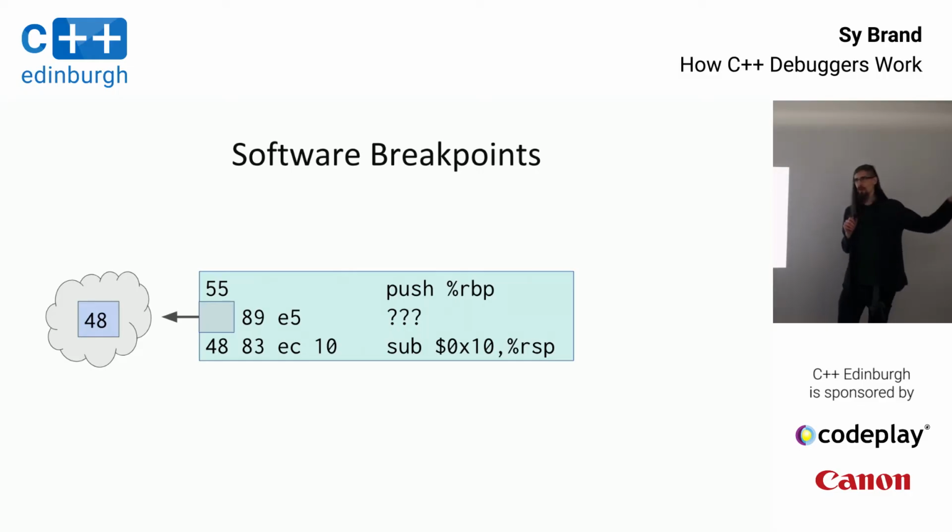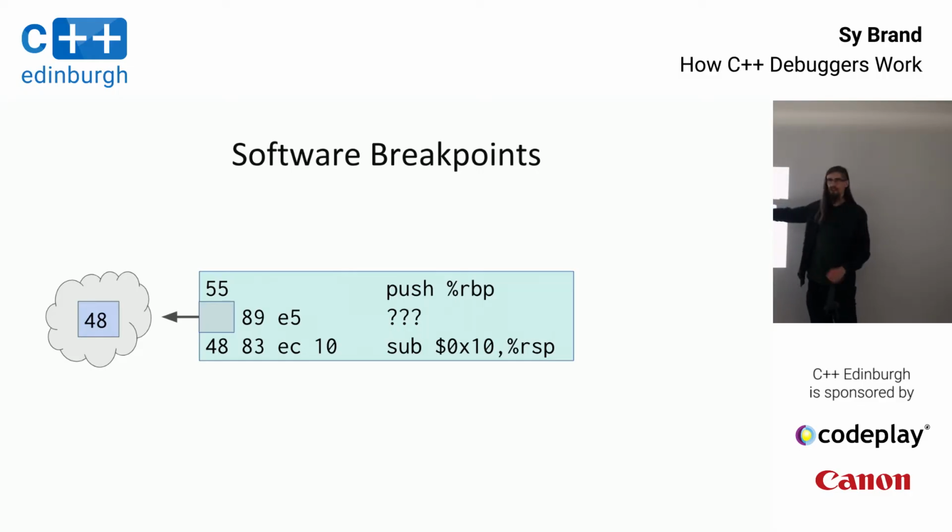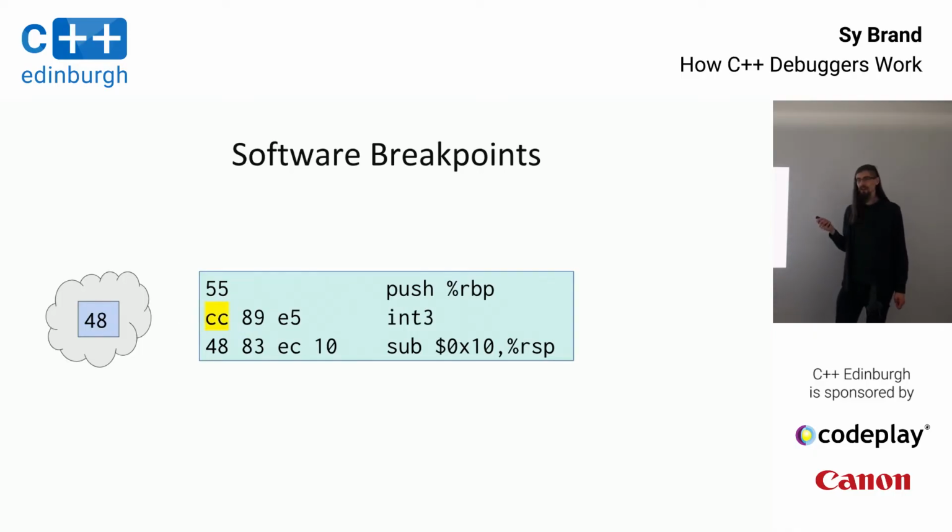So the debugger is going to remember that there was this 0x48 byte. So then it's going to write in a special value, 0xCC. And this is the int3 instruction in x86. I'll get to what this instruction does in a bit.